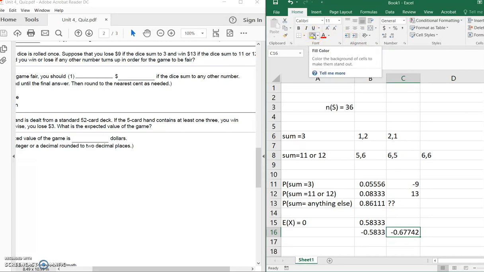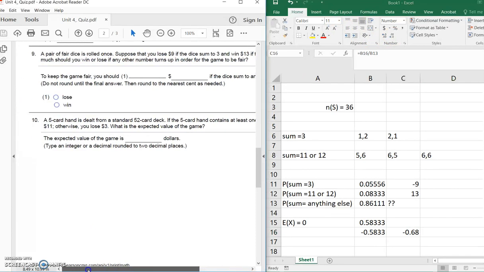I should lose, if I just round it, I should lose not win. How much? 68 cents, so $0.68. So that's how much you should lose if you get a sum of anything other than 3, 11, or 12 to make this a fair game.